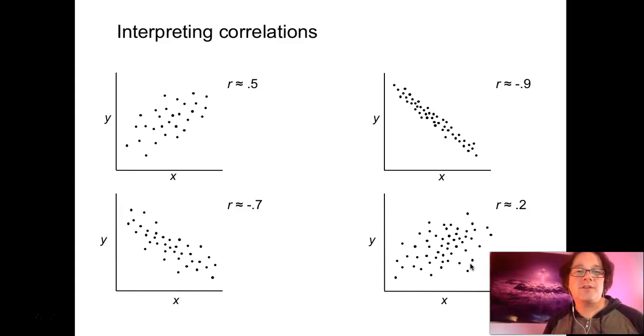So the point of this was to just give you an idea of what these numbers that we're producing, these coefficients, actually mean. Like, what does a 0.9 mean? Well, it means that's a pretty damn strong relationship you've got going on between those two variables, right?